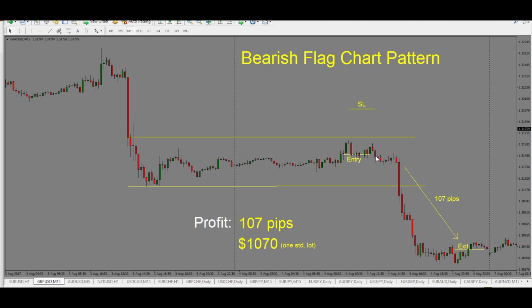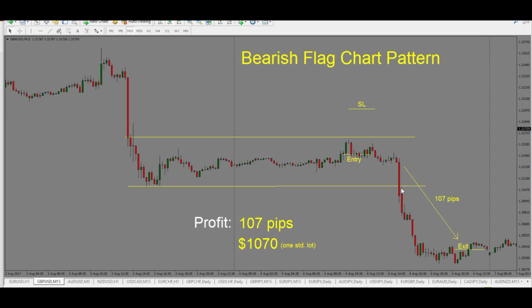There is another way to enter this pattern, but generally the pattern is a drop, a sideways consolidation, another drop. There's another way to enter the trade. So let's say you did not get into the trade over here. You could wait for this previous support level to break. So we could wait for this big bearish candle here and then look for a pullback into this previous level.